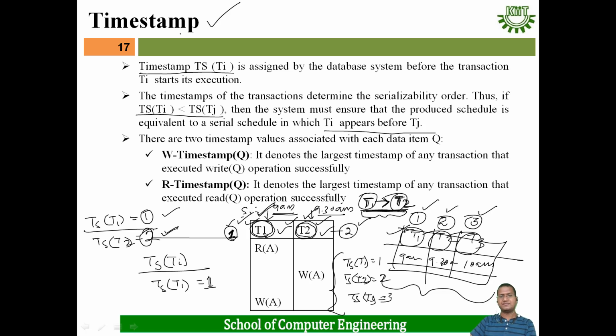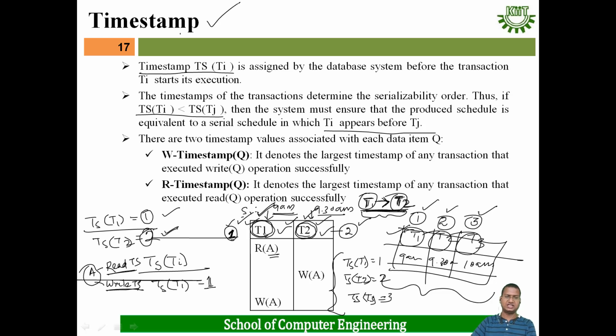Similarly, there are two timestamp values associated with each data item Q. Suppose here the data item is A. For every data item, two timestamps are associated. One is the read timestamp, another one is the write timestamp. For every data item, two timestamps are associated. For every transaction, one timestamp is associated.